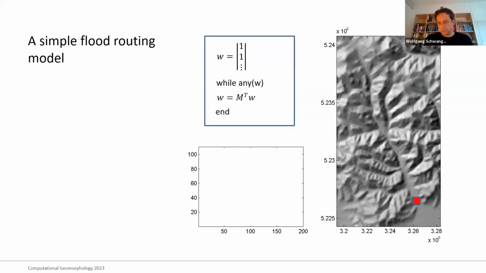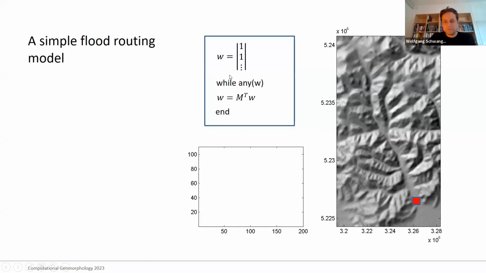Now, what is that function good for? So for example, you could derive just a very simple flood routing model. And it's probably the simplest model that you can get. You start with an initial distribution of water. In that case, well, we would have just an amount of 1 in every cell.